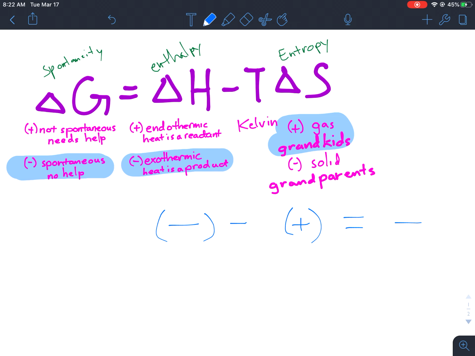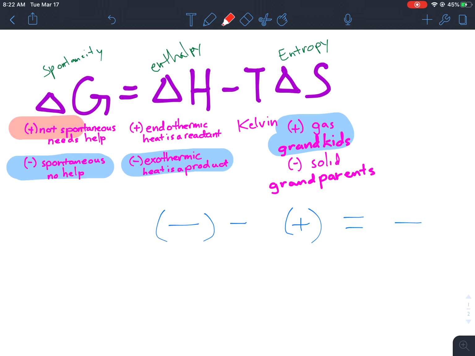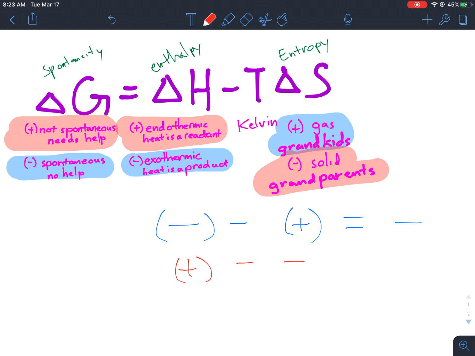Now, another scenario where you're always going to be positive. If you have a positive delta G, you want to have a positive delta H and a negative delta S. You're going to subtract a negative T delta S, and a positive minus a negative is always going to be a positive.